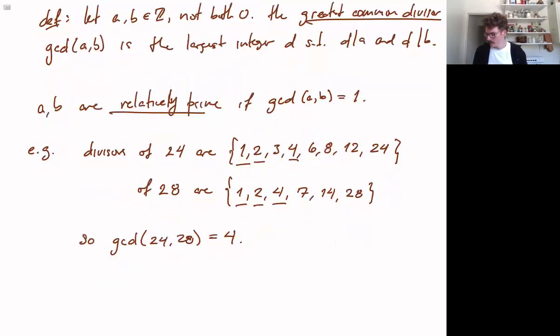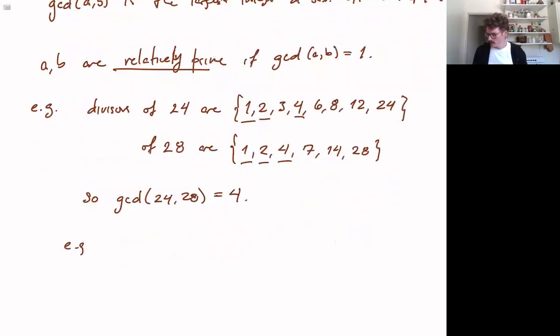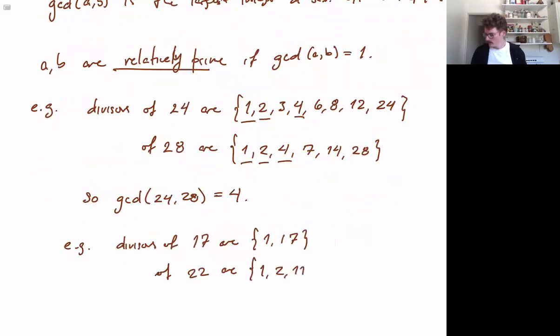Another example. The divisors of 17. Well, 17 is a prime, so it's just 1 and 17. And let's say 22 is 2 times 11, so the factors are those.